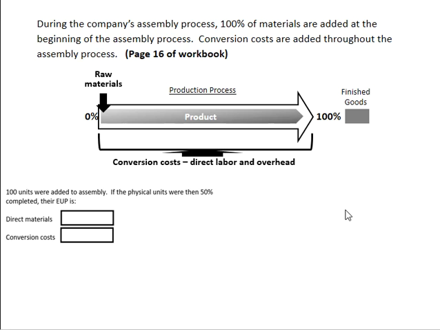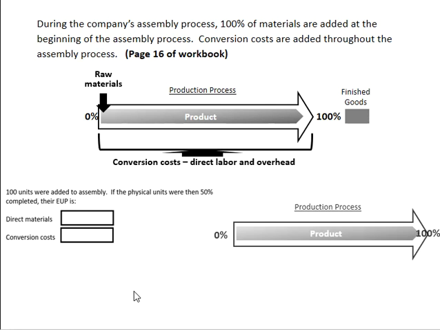Now let's take a look at the example here. 100 units were added to assembly. If the physical units were then 50% completed, what is their equivalent units of production? Now let's use the production process continuum chart that I drew up top here as an illustration. And again, you can see the product starts out at 0% completed and it ends up at 100% completed.